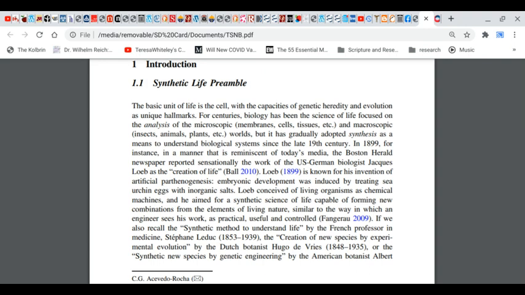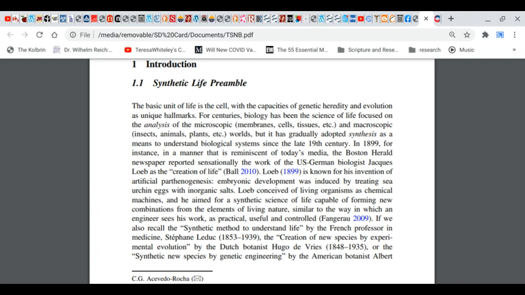Loeb conceived of living organisms as chemical machines, and he aimed for a synthetic science of life, capable of forming new combinations from the elements of living nature, similar to the way in which an engineer sees his work as practical, useful, and controlled.